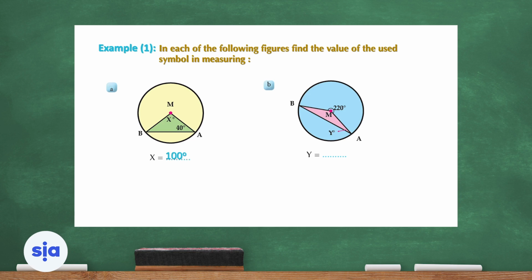Then the question is asking you to find the measure of angle A. Measure of angle A and measure of angle B are equal to each other. Then 180 minus 140 equals 40. If I divide it by the two equal angles, then each of these angles will be equal to 20 degrees.